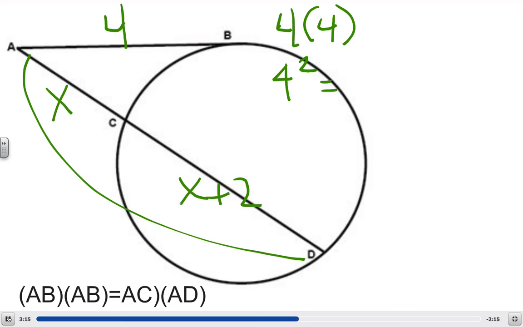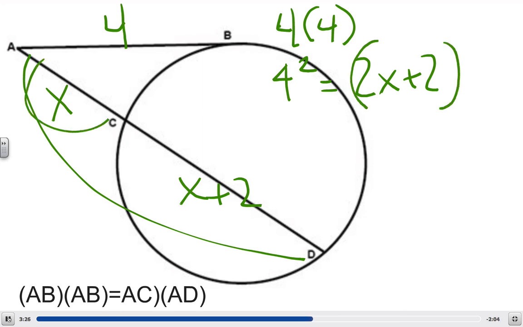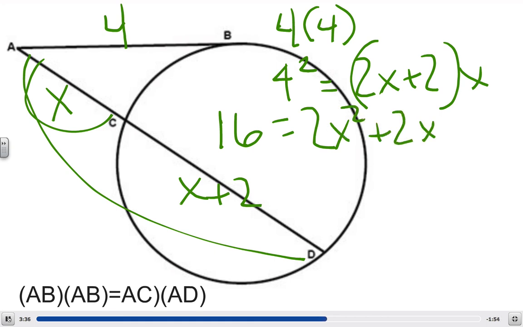So we're going to have 2x plus 2, because I got 2 x's, times this outside measure of our secant, which is x. So when we distribute, we're going to get 16 is equal to 2x squared plus 2x. Okay, again, let's set it to 0. So we're going to have 2x squared plus 2x minus 16.